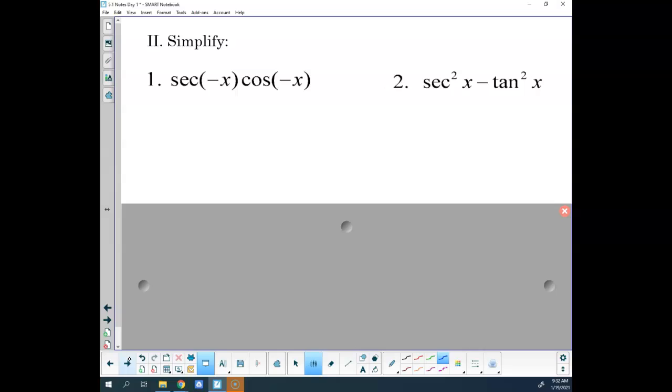Okay, so utilizing our pink sheets, secant of the opposite of x, if I utilize number 4, is really the secant of x. Cosine of negative x is cosine of x.